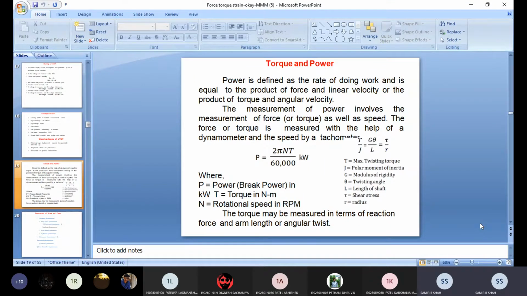That is why it is called the absorption type dynamometer. When we talk about the transmission type dynamometer, the energy is not wasted in friction, but is conveyed to the surrounding in a useful mechanical or electrical form.